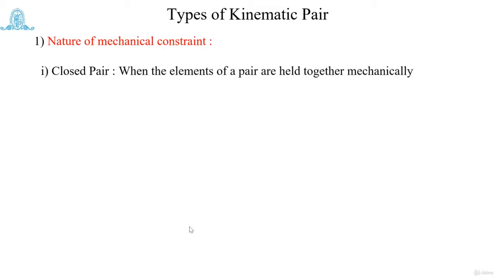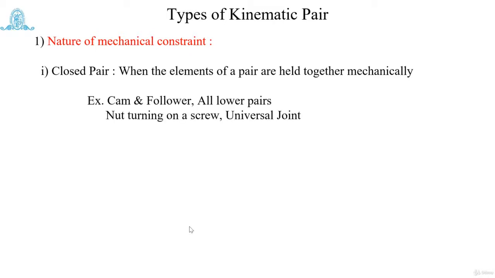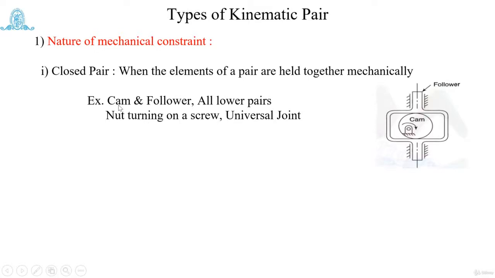Third category, according to the nature of mechanical constraint. According to the nature of mechanical constraint, there is a closed pair. What do you mean by closed pair? When two elements of a pair are held together mechanically, then they form a closed pair. So what is a closed pair? All lower pairs, as well as a cam and follower, as well as a nut turning on a screw.